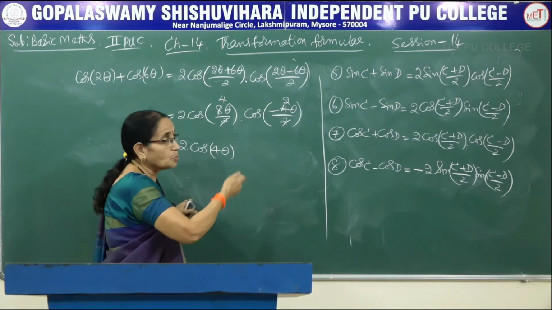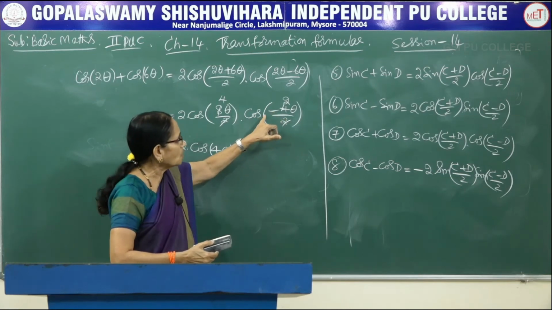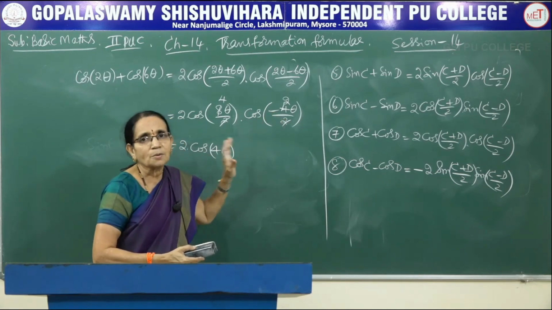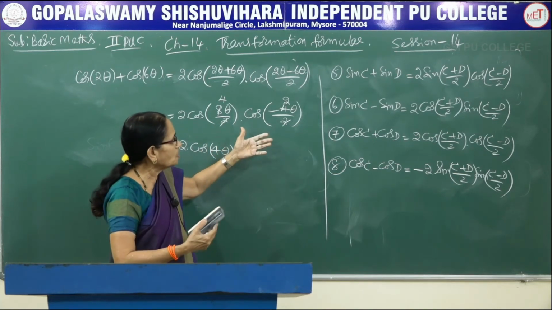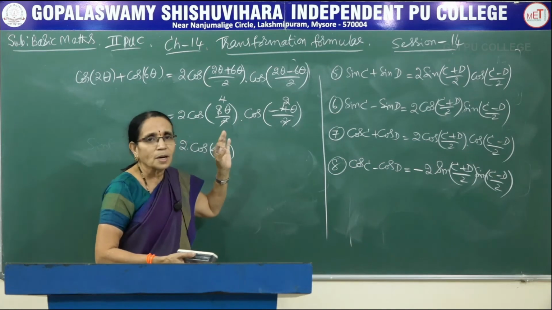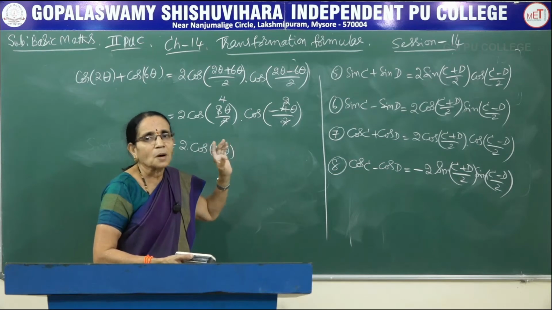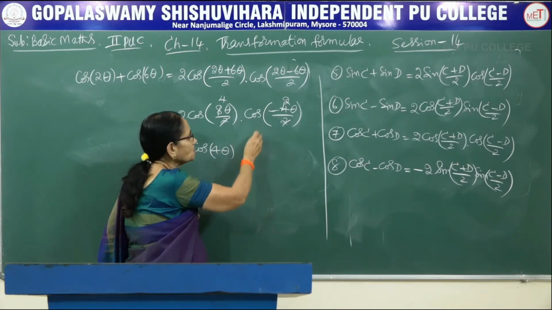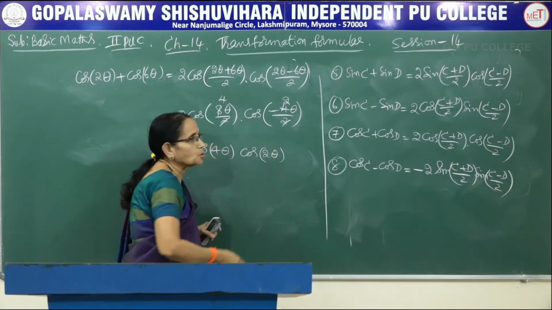See, in the earlier problems we never came across the minus sign. Now what I have got here is cos of minus 2 theta. But you know, in the basic things about trigonometry, using the allied angle rule, cos of minus theta is cos theta. Sin of minus theta is minus sin theta. Since it is cos of minus theta, we don't have the minus sign, it becomes a positive function.